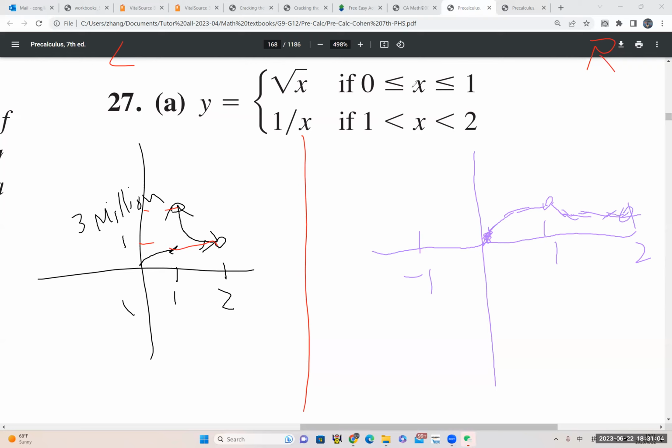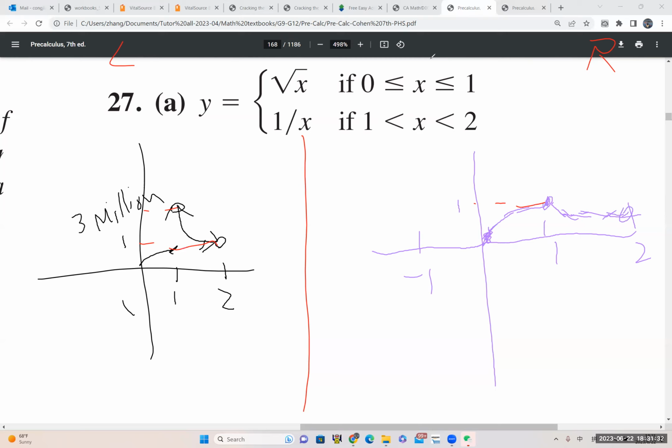I don't know. 3 million? I know that's wrong. I just didn't know. So, Ray, are you done? Yeah. So you'd better mark the value here. What's the function value here? It's 1.